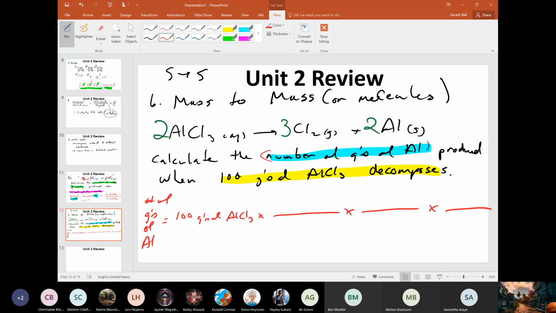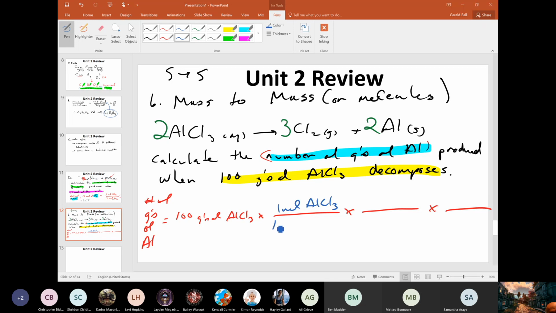So our first step is we can take this 100 grams of AlCl3 and turn it into moles. So this would be like from our boxed expression. So 1 mole of AlCl3. Now we need to figure out the molar mass of aluminum chloride. Works out to 133.34.